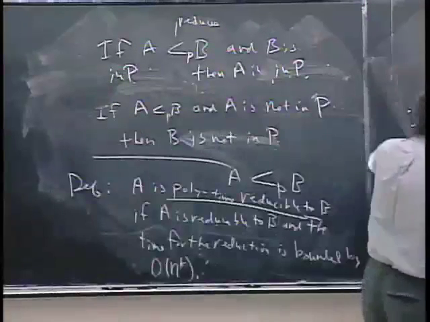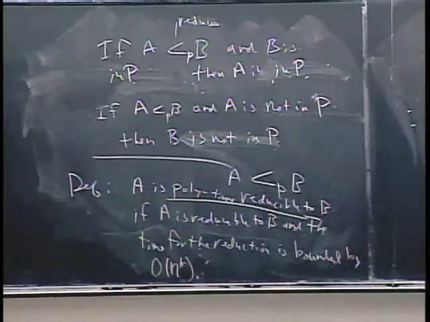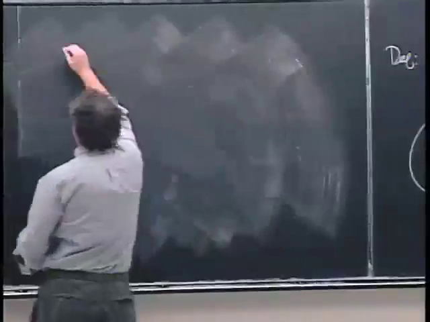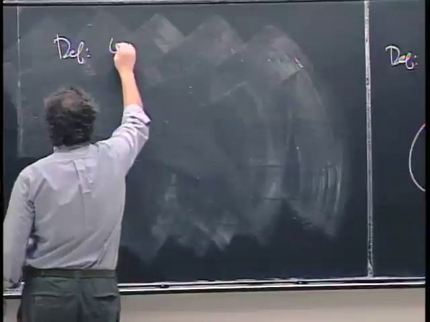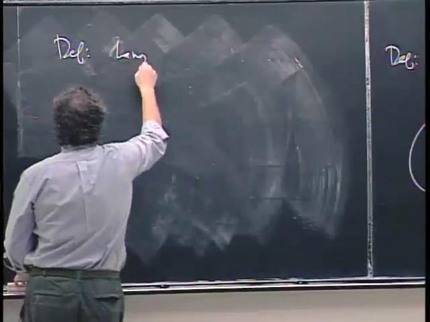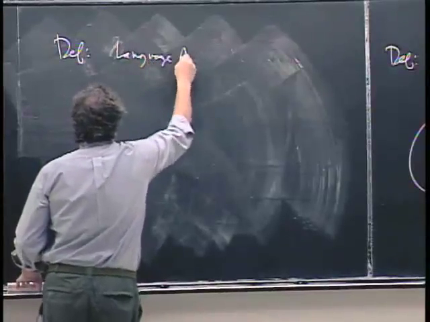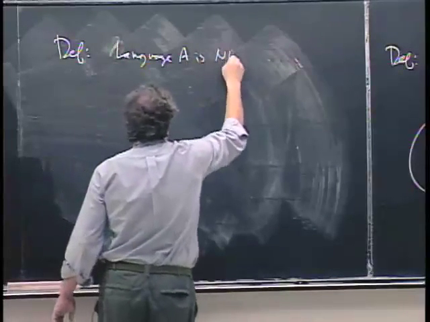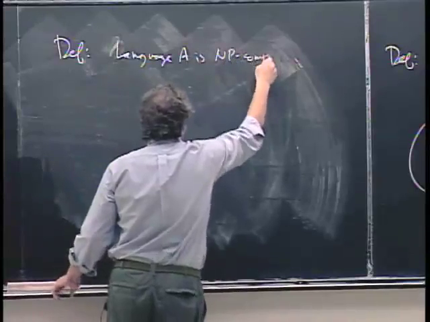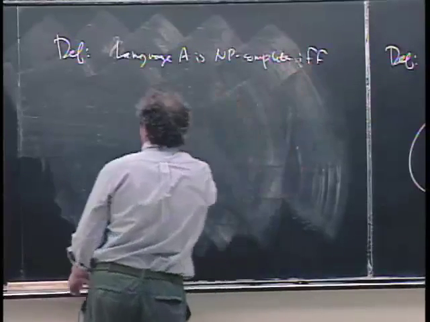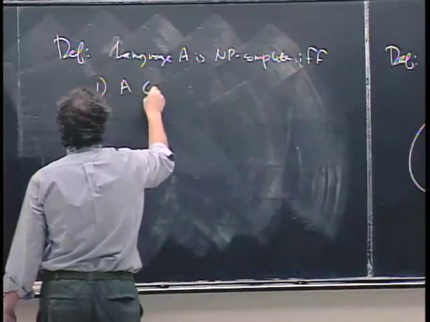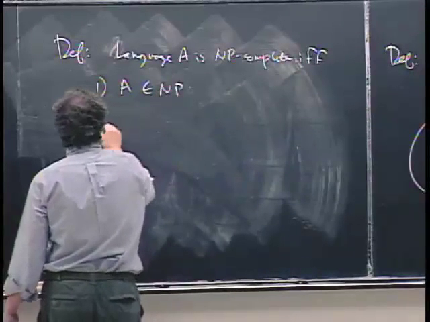Now, the main definition of this lecture: a language A is NP-complete if and only if two things. First of all, A is in NP, no great distinction.